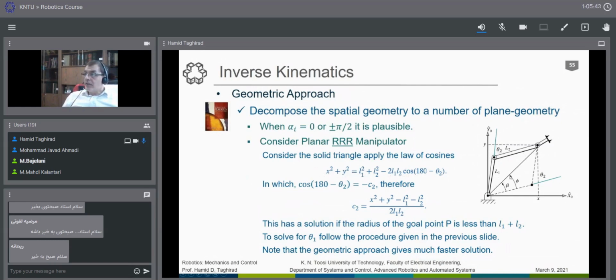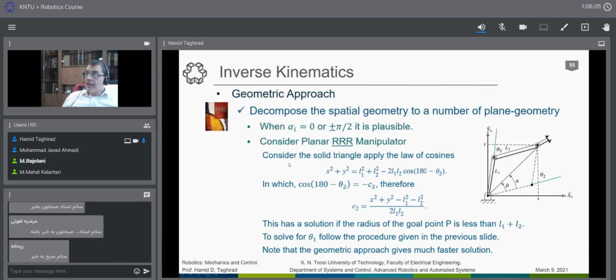Of course, this triangle and this triangle give you the same solution here. I don't use the beta and gamma here. I just use theta 2 and the cosine angle in one simple formulation in analytic geometry.